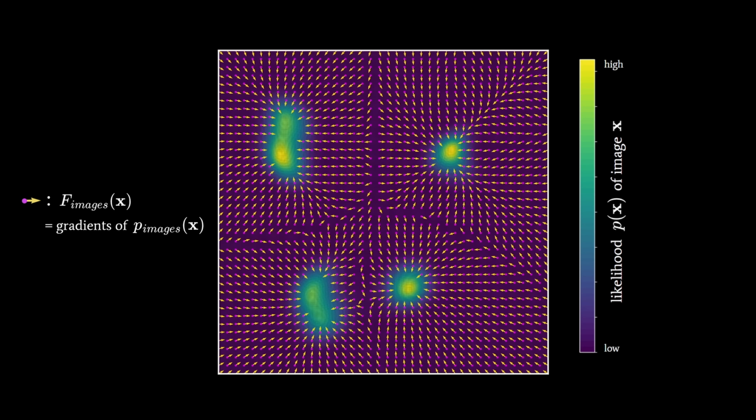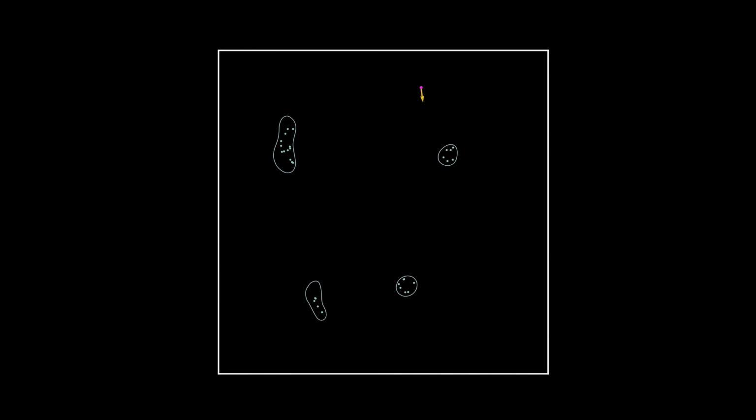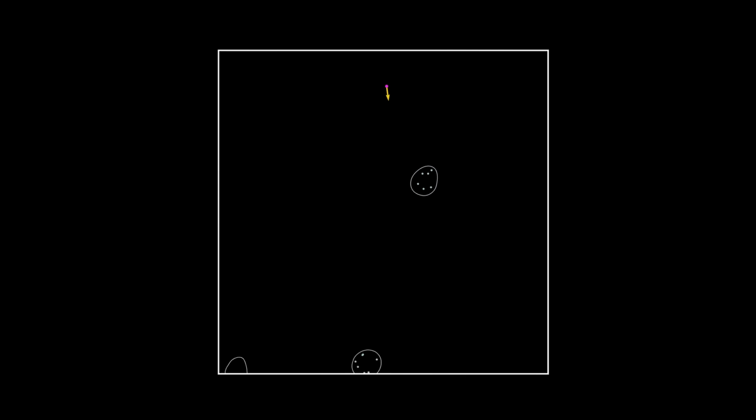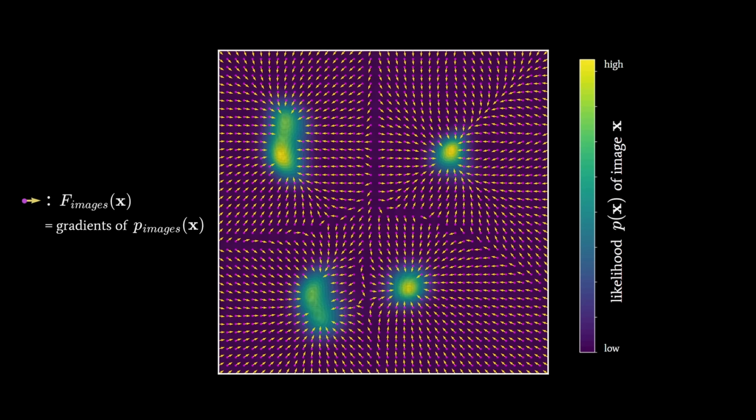If you know the gradients, you can start at a random location in the space of all possible images and just follow the gradients to a good image, interleaving your gradient steps with random noise to ensure you get a proper sample from the distribution. But the problem is that we don't know what the F term is for the image distribution, and the first pillar, deep learning, solves this by learning to approximate the F term from data.